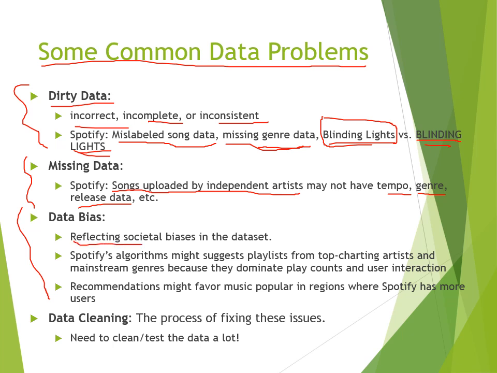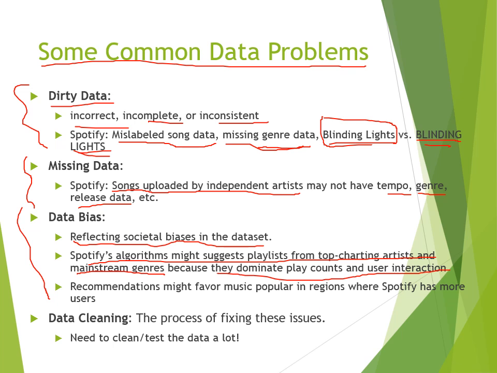There's also something called data bias, which we'll talk about in either next week or a couple weeks. There could potentially be societal biases in the actual data themselves. For example, Spotify's algorithms might suggest playlists from top charting artists, really highly played users, and more mainstream genres because they dominate play counts and user interaction. So more obscure stuff may not get to you because people don't tend to listen to it.